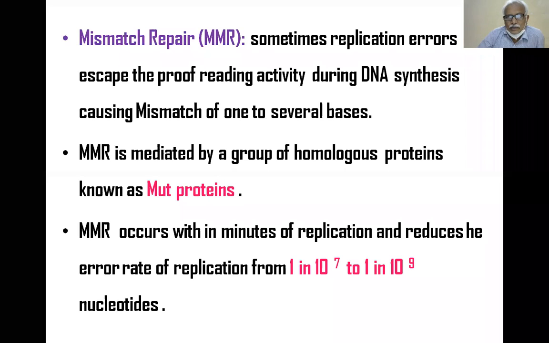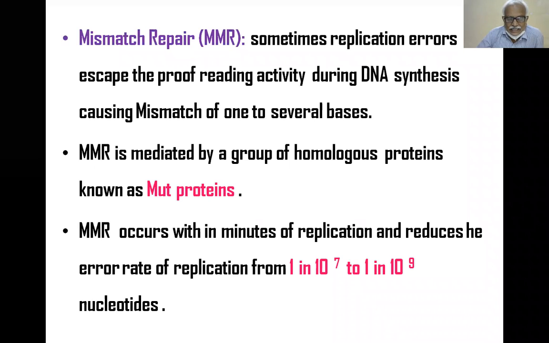So sometimes the replication errors escape the proofreading activity during DNA synthesis. And this causes mismatch of 1 to several bases. MMR is mediated by a group of homologous proteins, and the example of such homologous proteins are known as Mut proteins.